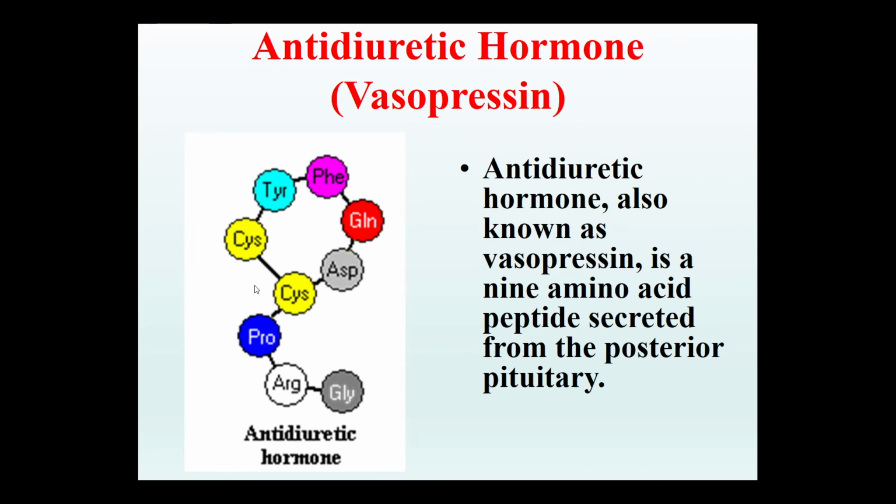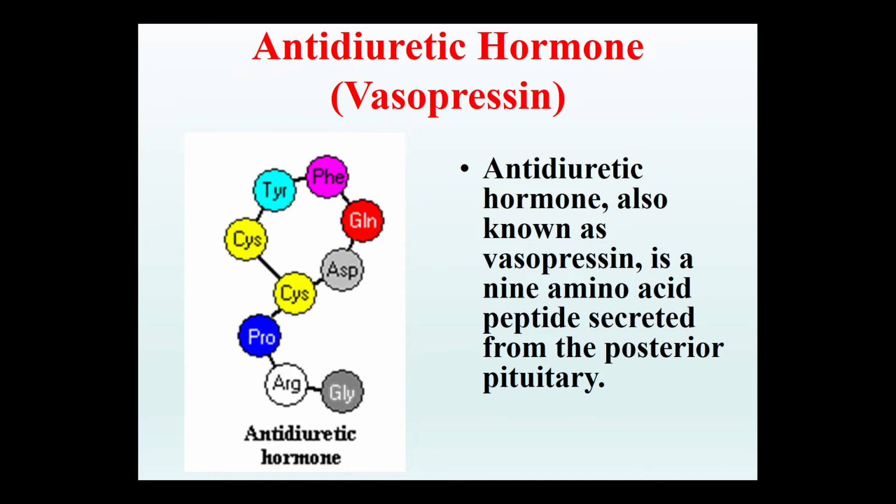Antidiuretic hormone, or vasopressin. A very important hormone, of course, because approximately 60% of the body weight is water. And despite wide variation in the amount of water taken in each day, body water remains very stable.